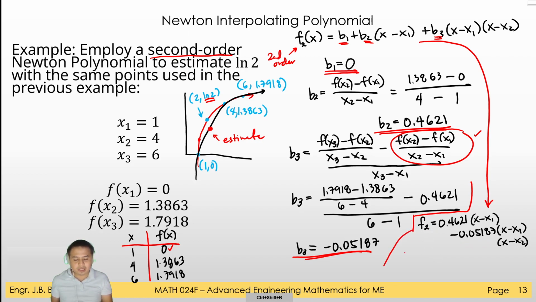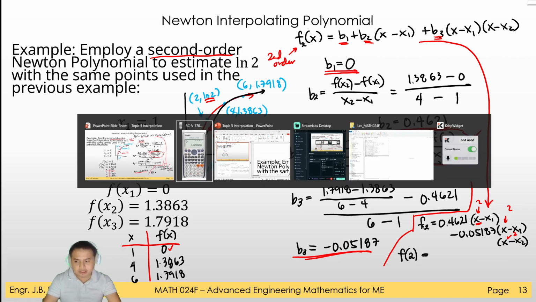So therefore, if you use a calculator, the approximation of f of 2, if you solve here for x equal to 2, it will look something like this.